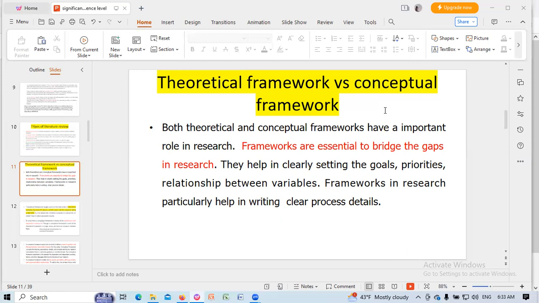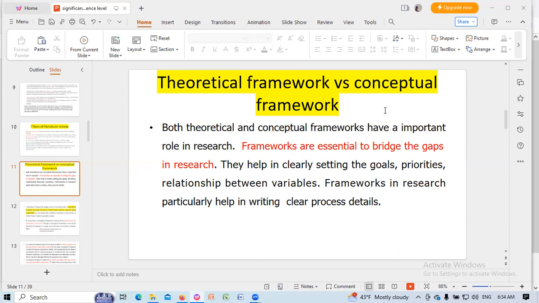Frameworks are essential to bridge the gaps in the research. Frameworks are essential to connect, like this, the gaps in the research. So the framework helps in clarity, setting the goals, priorities, and relationships between variables.